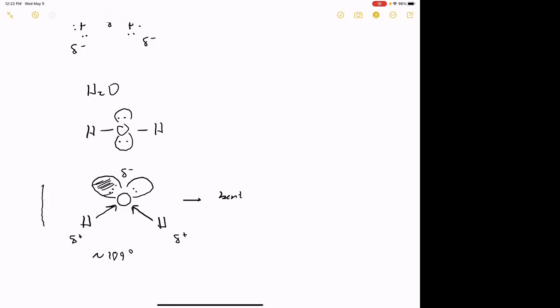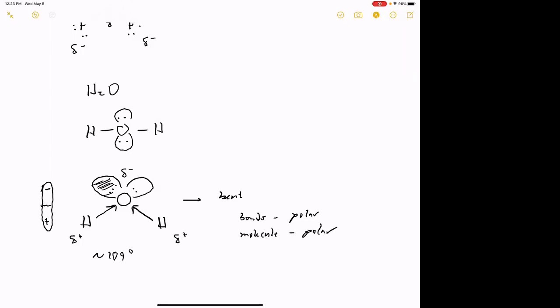They're working together. So what I could do is draw this molecule with a dipole, where I put a positive end and a negative end on the molecule like this. And if I have that, I've got a net dipole moment. So this turns out to be a polar molecule. So the bonds are polar and the molecule is also polar.